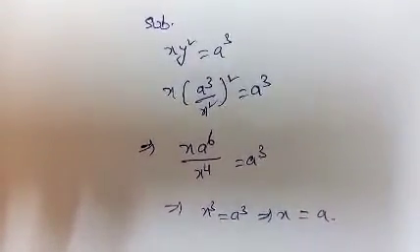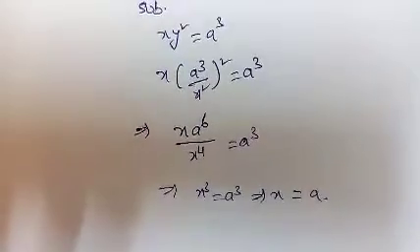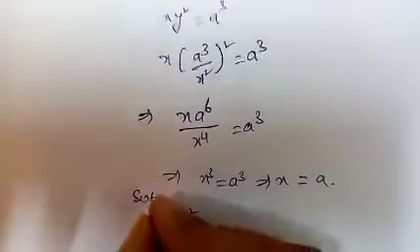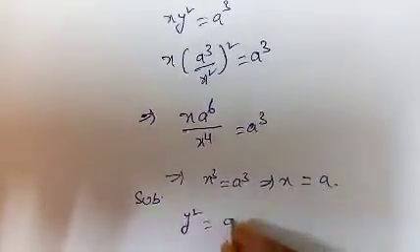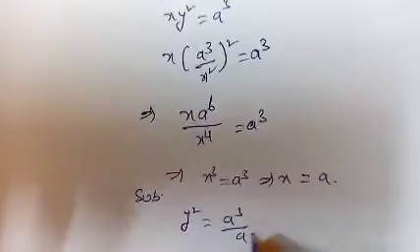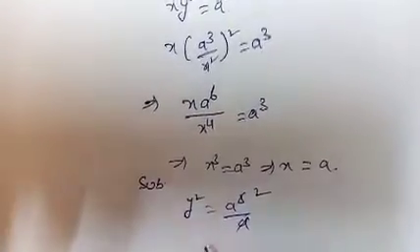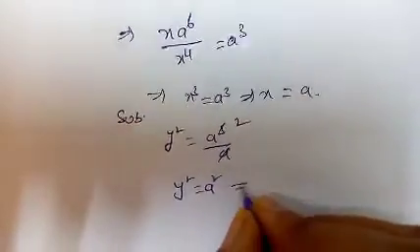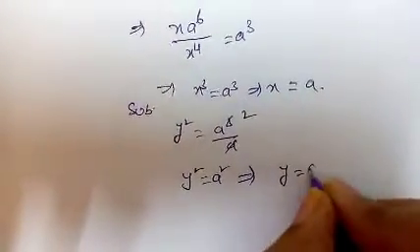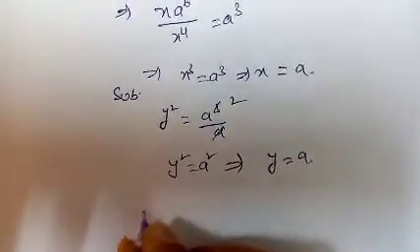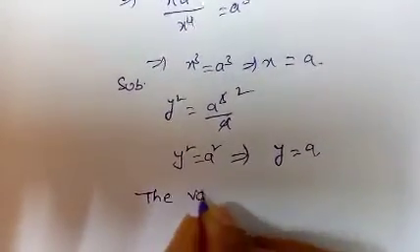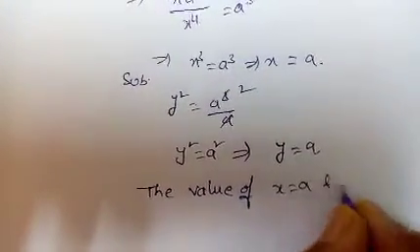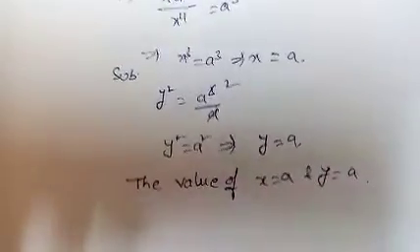a. So now substituting this x value, then y square equal to a cube by a. So here we are getting a square, then y square equal to a square, so y equal to a. So therefore the value of x equal to a and y equal to a.